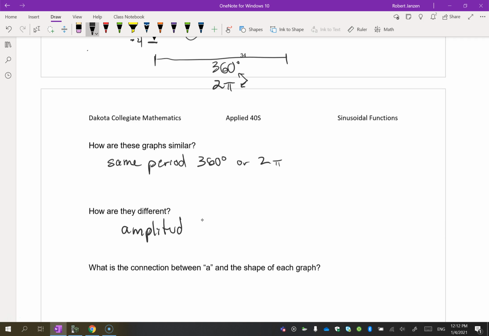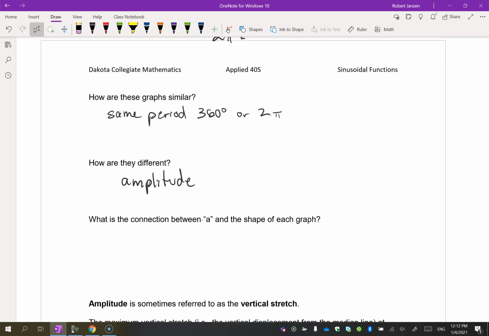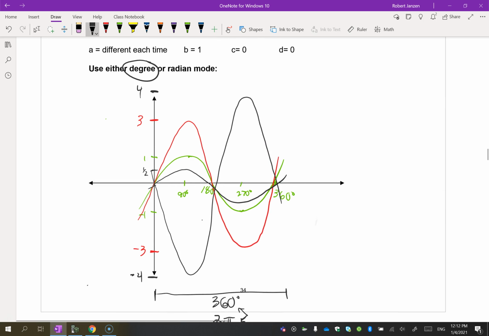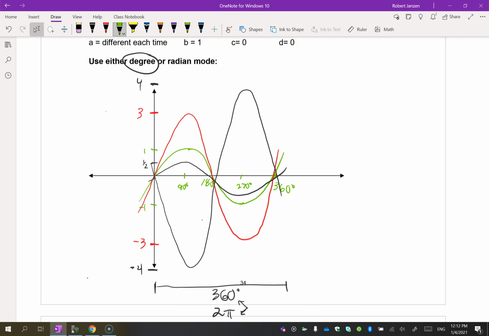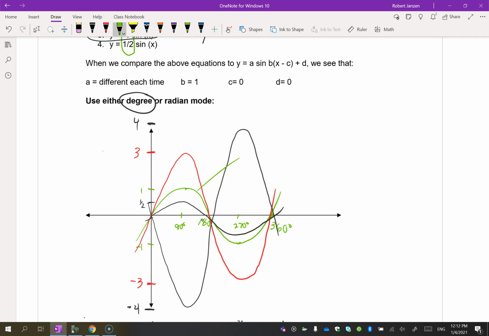How are they different? The amplitude. What is the connection between A and the shape of the graph? A is actually the amplitude, or vertical stretch. It tells you how far up and down the graph is going. In the first one, y equals 1 sine x, the amplitude is 1.